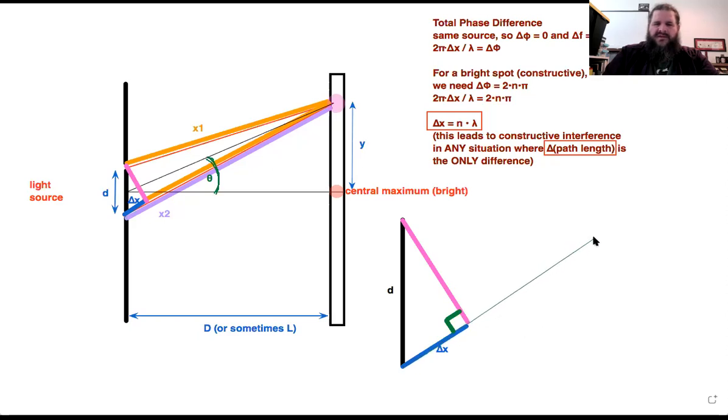What angle does this diagonal make with the horizontal? Or what do we call that angle? Theta? Yeah, that's the theta angle, because that's the angle that the horizontal makes with the line of sight to the point of interest. So that angle is going to be theta.